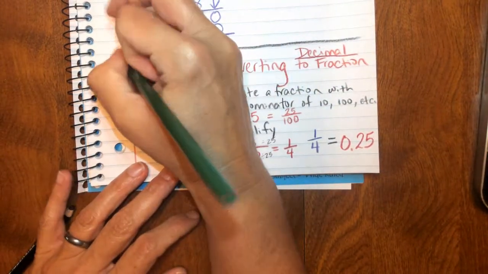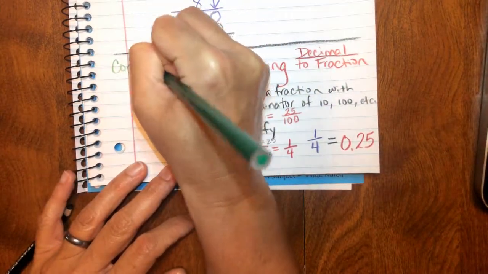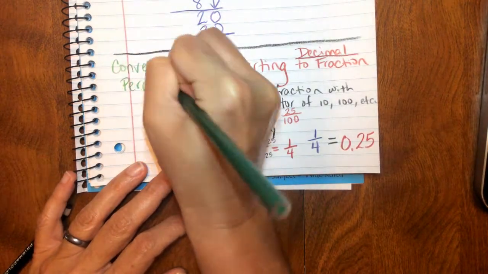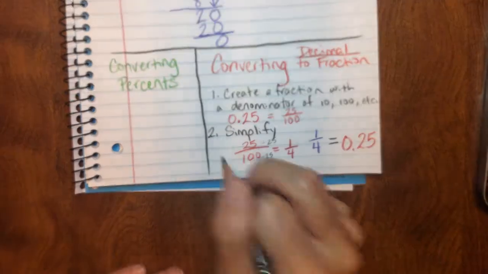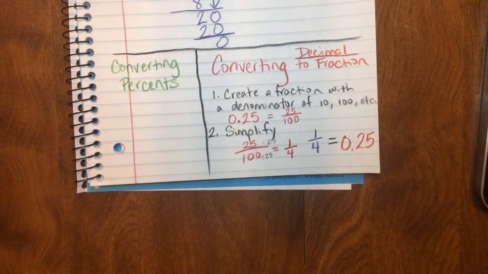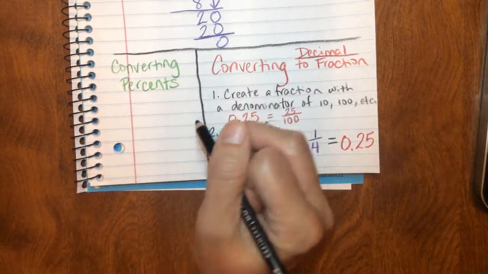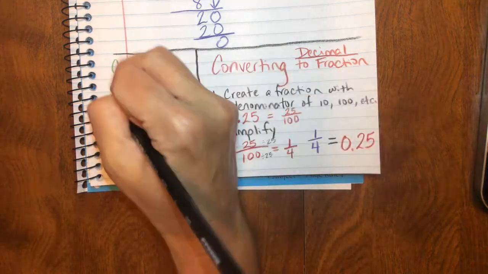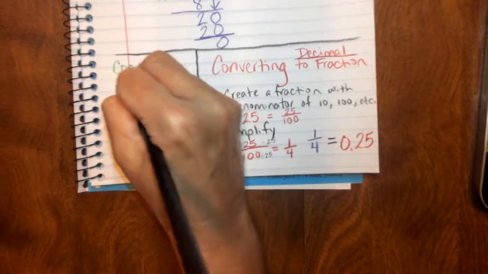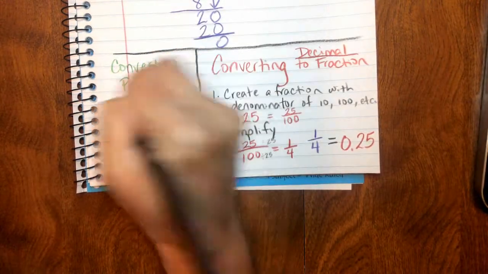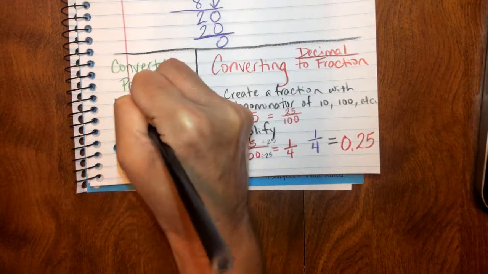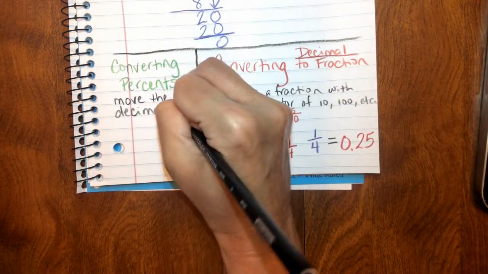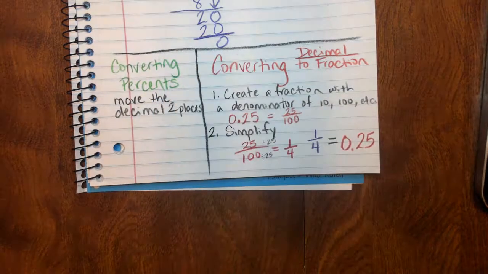Converting percents. Here you move the decimal 2 places. What do we mean by that?